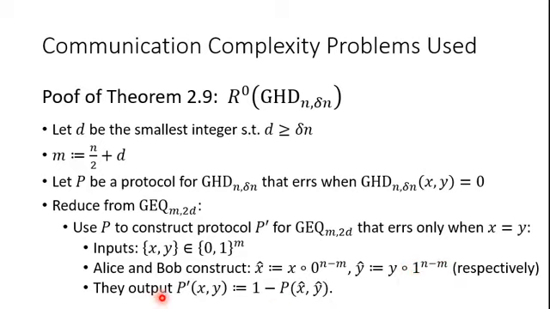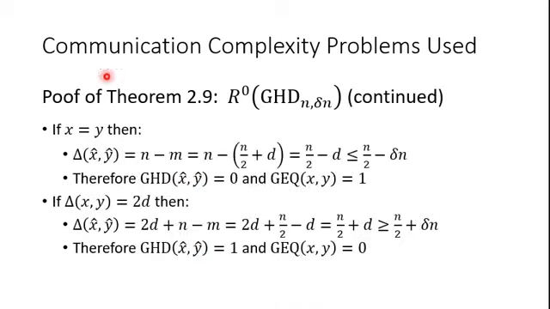Then what they do is they output p prime of xy, which will be defined to be 1 minus the p of x hat, y hat. And p is from GHD, of course, as we said earlier. So if x equals y, the Hamming distance between x hat and y hat equals n minus m because of the added bits. They are the same on those that we did not add, and they differ on exactly those that we did add.